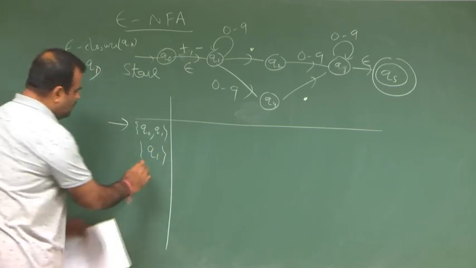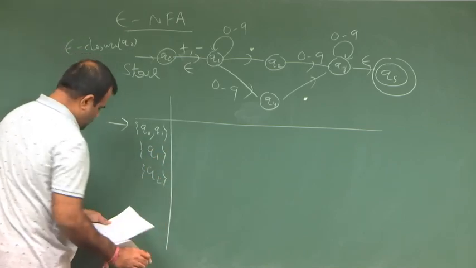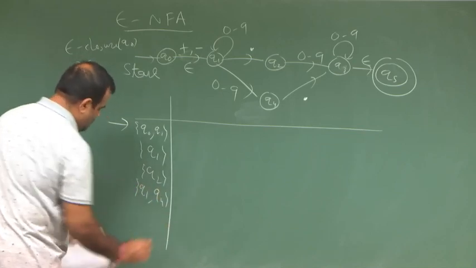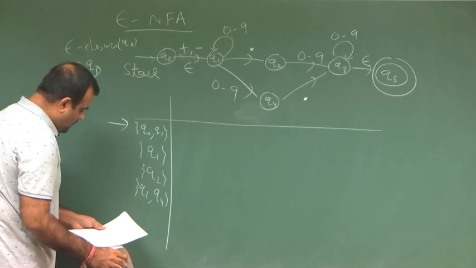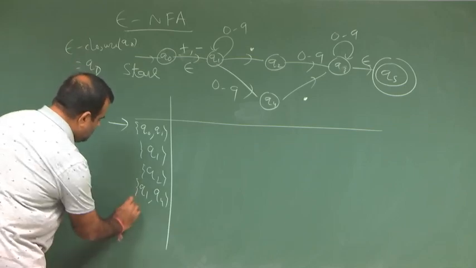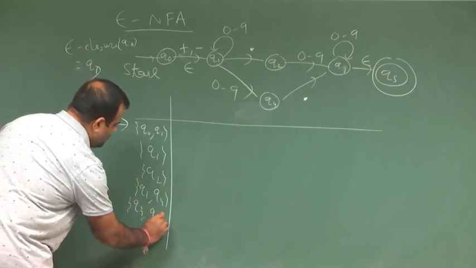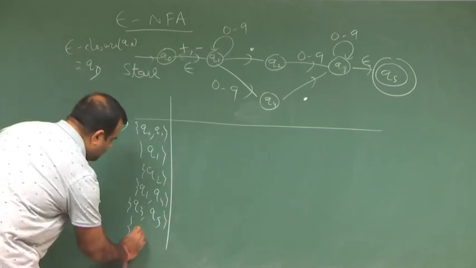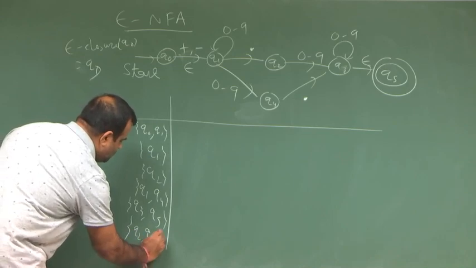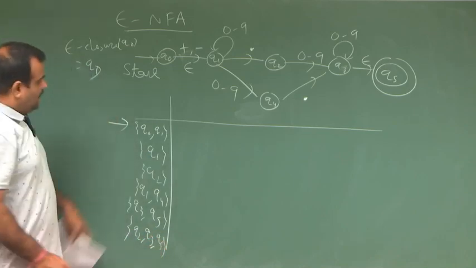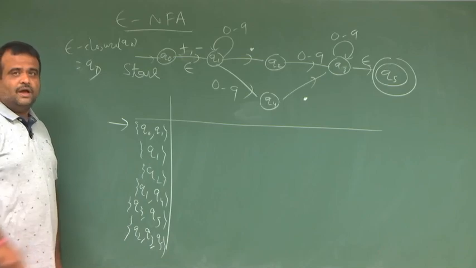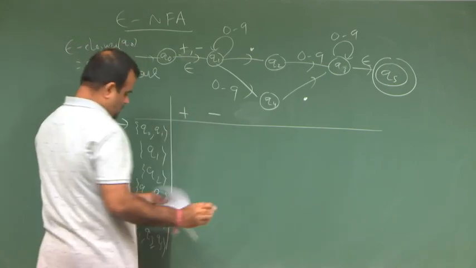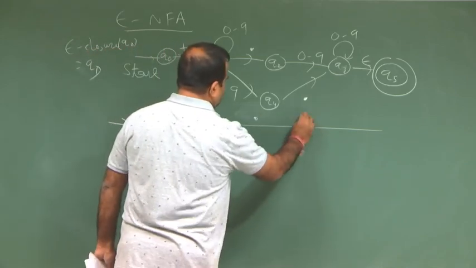So, q 0 and q 1, this is the starting state, and then we consider all the states including their epsilon closure. So, q 1, q 2, then q 1, q 4, and then q 1, q 3, q 5, and then q 1, q 2, q 3, q 5, q 2, q 3, q 5. These are the states of this DFA, and these are the epsilon closures also. The input alphabet is plus, dot, 0 to 9.